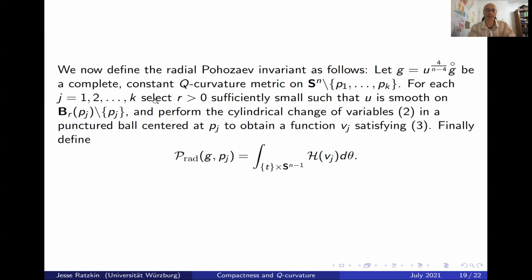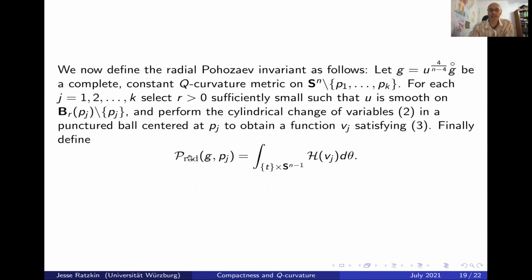And for each of these puncture points, I pick a ball small enough such that p_j is the only puncture point inside that ball. And inside this punctured ball, I do my cylindrical change of coordinates, and now I obtain a function v_j, which satisfies my cylindrical Q-curvature equation.